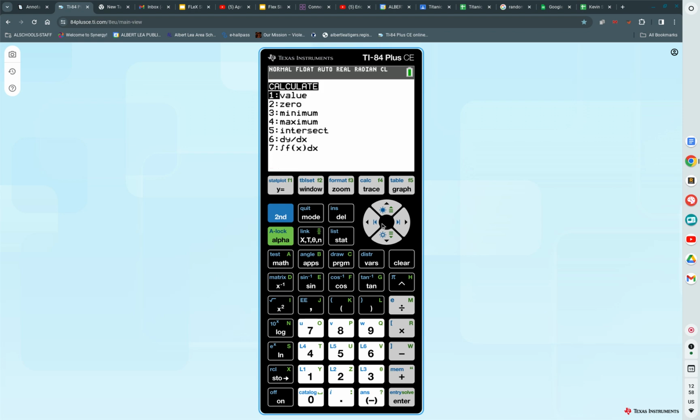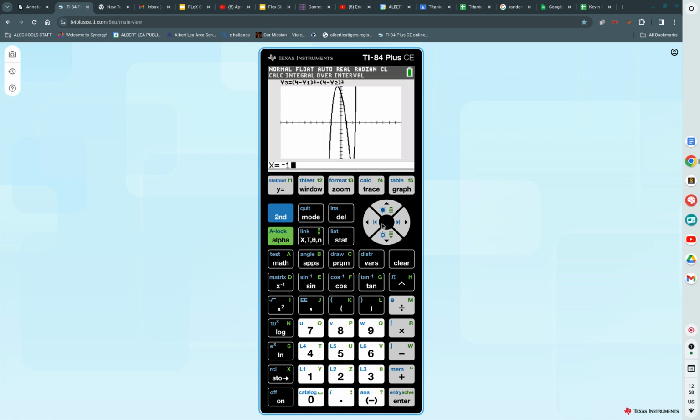And I will calculate that number 7. And I'm going to go from negative 1.677 over to 0.8. I can't remember. Is it 3.4? 3.4. And it finds it to be 17.109.